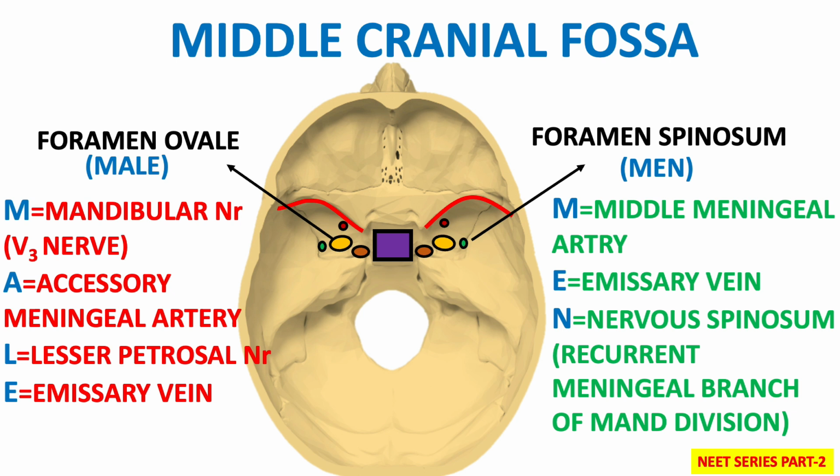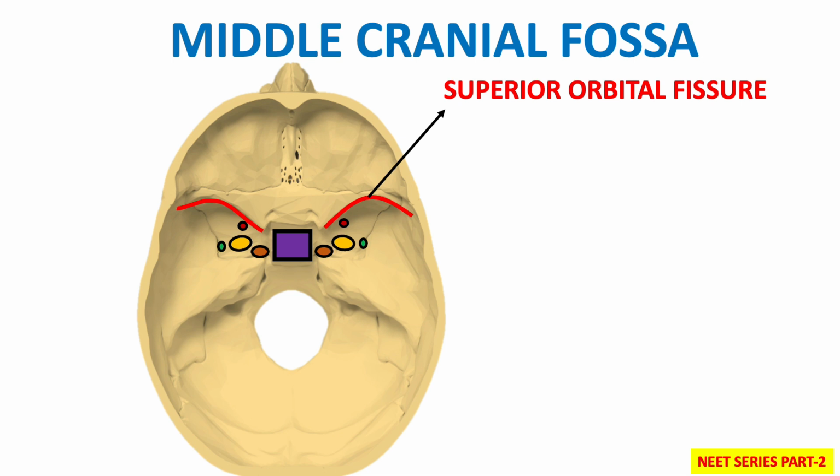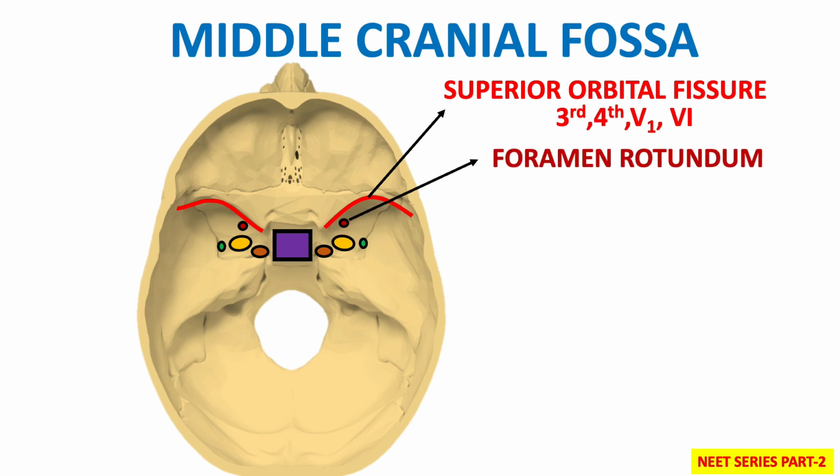So you have to remember the structures that pass through the foramina and the name of the foramen through which each structure passes. Now we have a quick revision. First, we have the superior orbital fissure. The nerves passing through are the third, fourth, fifth and sixth. Then we have the foramen rotundum.